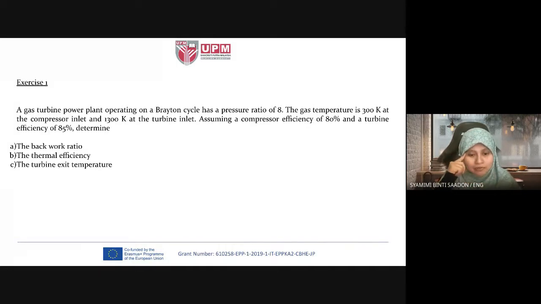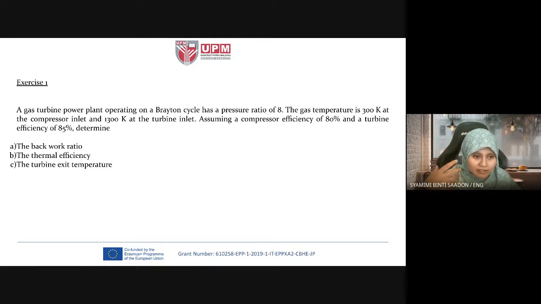So normally for a gas turbine cycle or thermodynamic cycle, even though at the end we need to evaluate the performance, thermal efficiency or turbine temperature, etc., usually we need to start from the beginning, from the first point, from the first process, which is compression, and then the combustion process, and then expansion, and complete the cycle.